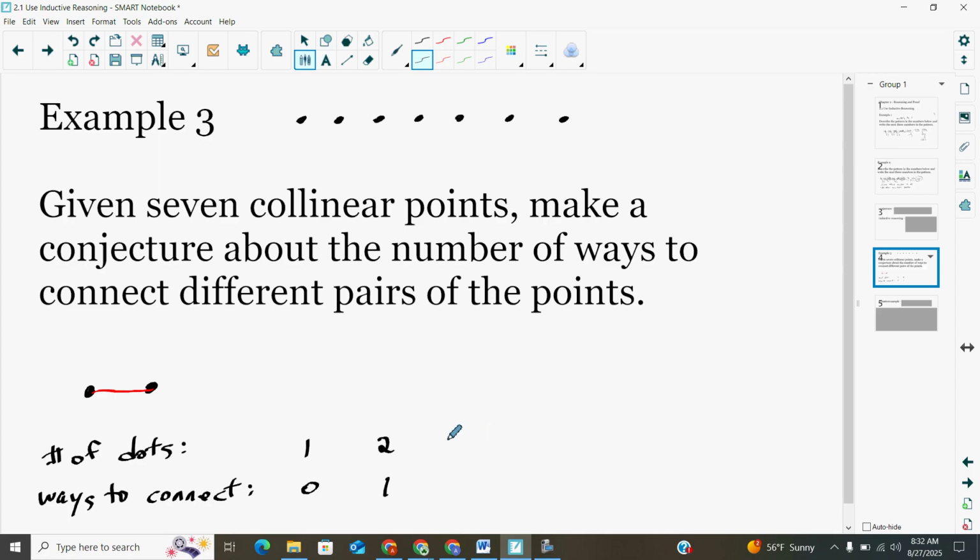If there are 3 dots, for 3 dots, I have this one that I already did. I could connect these 2, there's 2. Or I could connect these 2 here. That's 3 different ways that we can connect 3 dots.